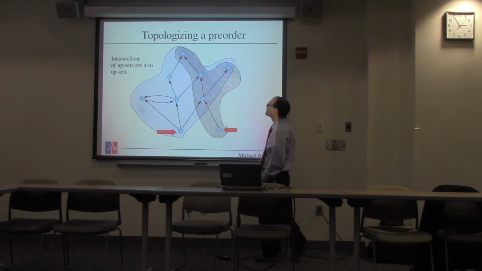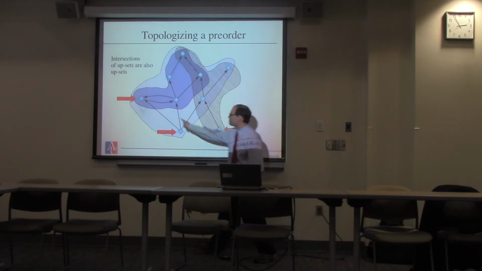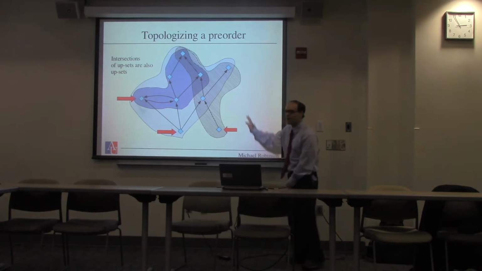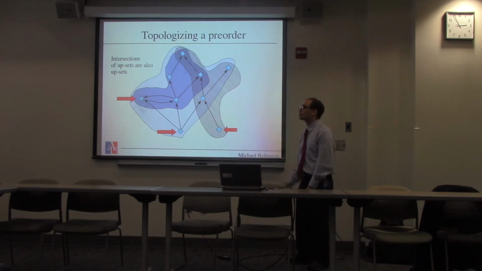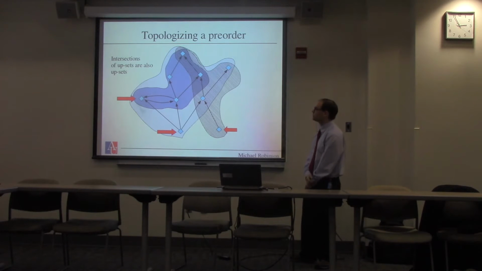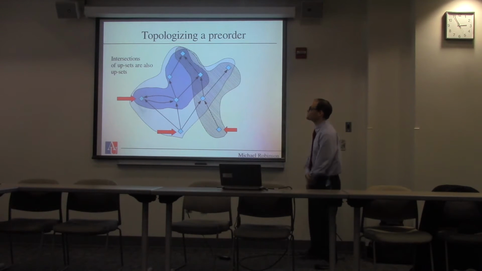All right, that seems to work. And this works if I take more of them. So like I add another set, take a look at the upset of this guy as well. The intersection is then the upset of that. And again, I might have to put in unions of these guys to make it work, but it's closed under intersection as it should be. And of course, it's closed under union because I asked it to be closed under union. I said it's the unions of all of these guys. So that's a topology. Now, it's a topology over a finite space.